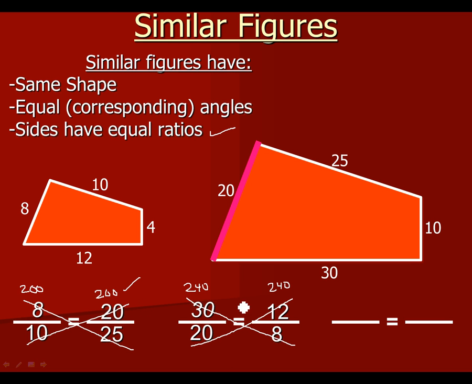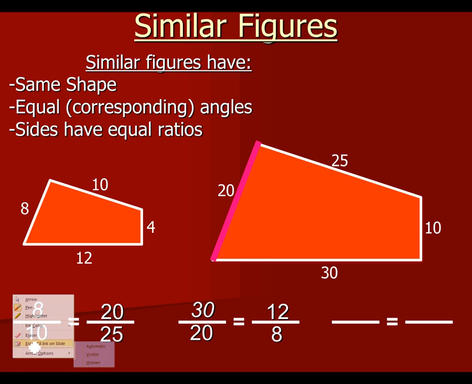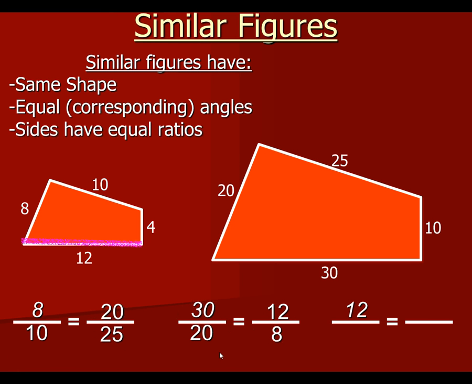What I'm looking at is whether this ratio equals this ratio, and it does. So we're looking at equal ratios, therefore these are definitely similar shapes. Here's another one if you just want to check, for good luck, to make sure it works, and it does. And this also equals 240.